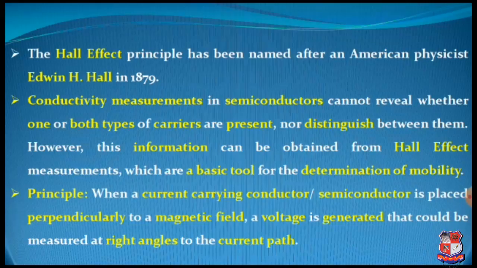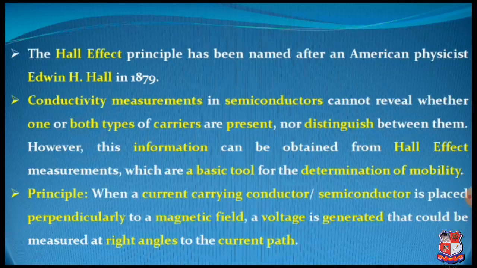So Hall effect, we can say, is an indirect evidence for identification of single or dual charge carriers inside the semiconductor. So on which principle is the Hall effect working?